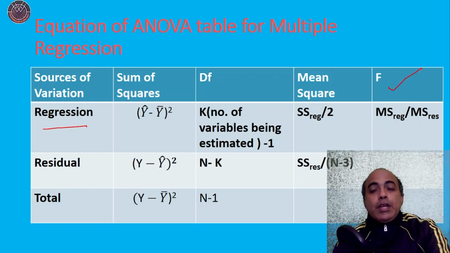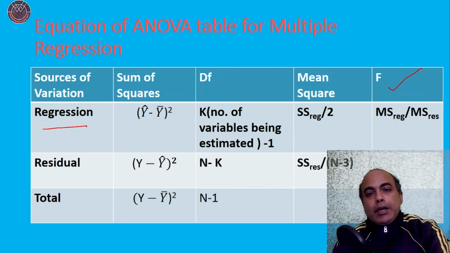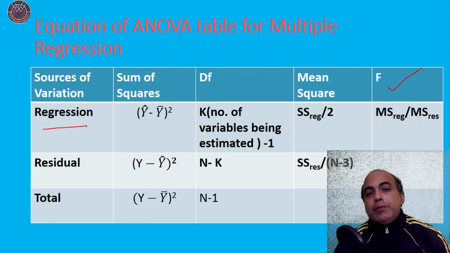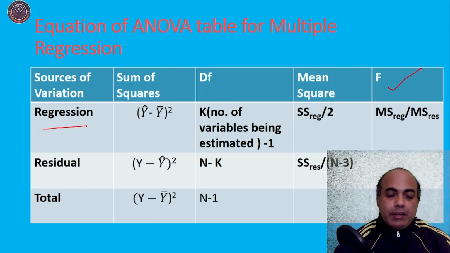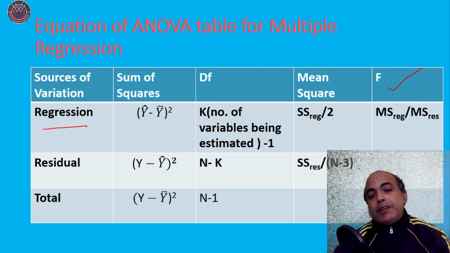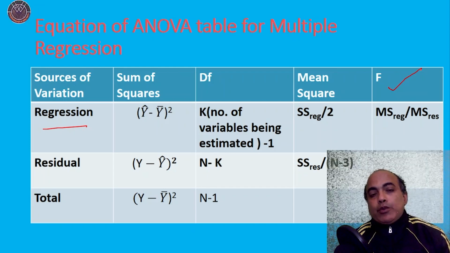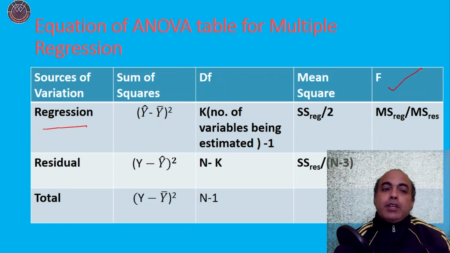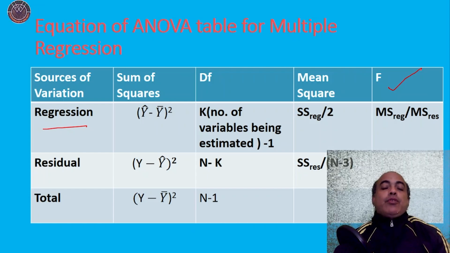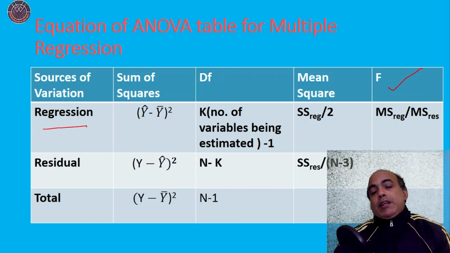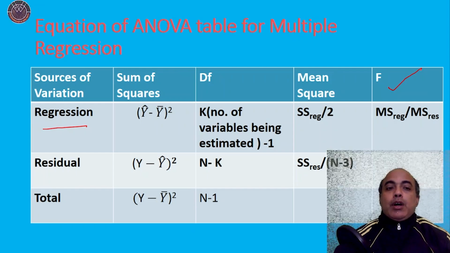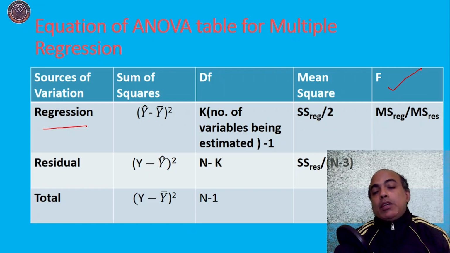The F test is conducted with the null hypothesis that there is no relationship between the independent variable and the dependent variable, or that the regression coefficients of the independent variables are 0. So if this F value becomes insignificant, then our regression equation fails to predict y on the basis of x.